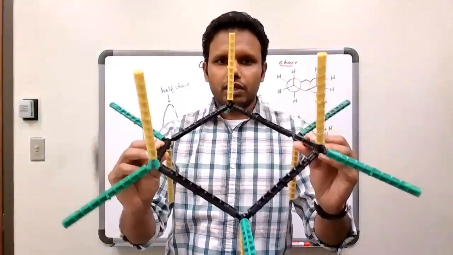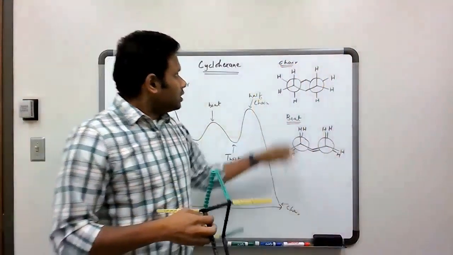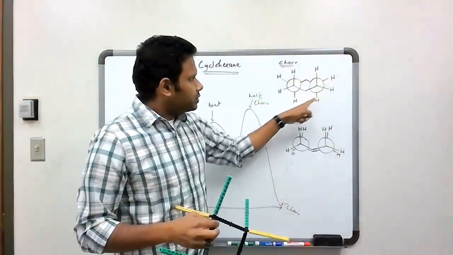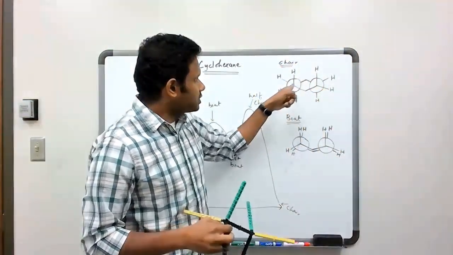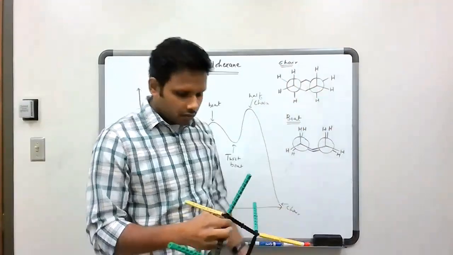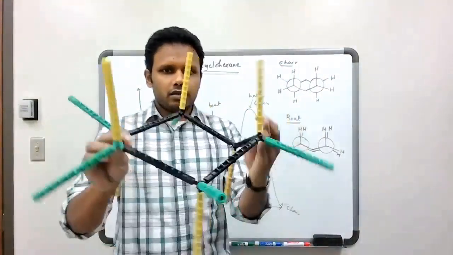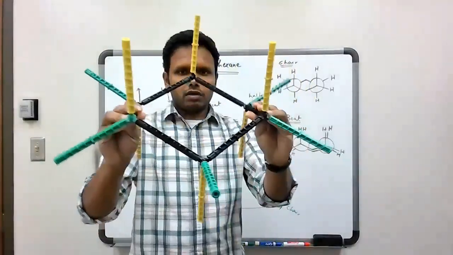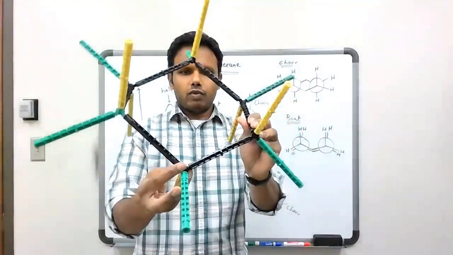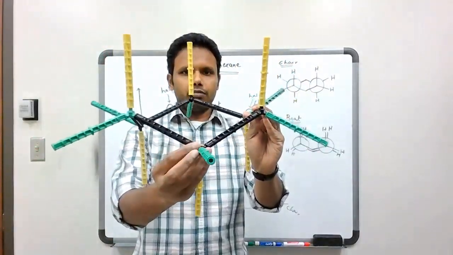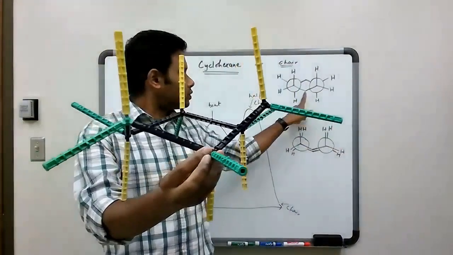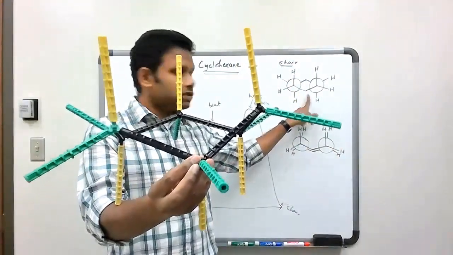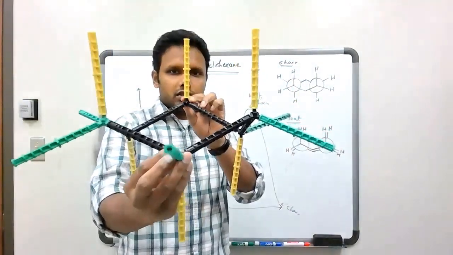So in a chair conformation, all groups in a cyclohexane, looking along two carbon-carbon bonds, are staggered. One of the carbon atoms is here at the bottom, the carbon that's shown here without its hydrogens, and another carbon atom here is at the top.